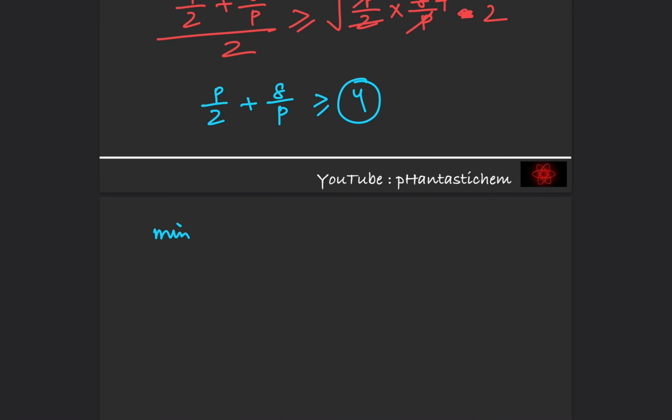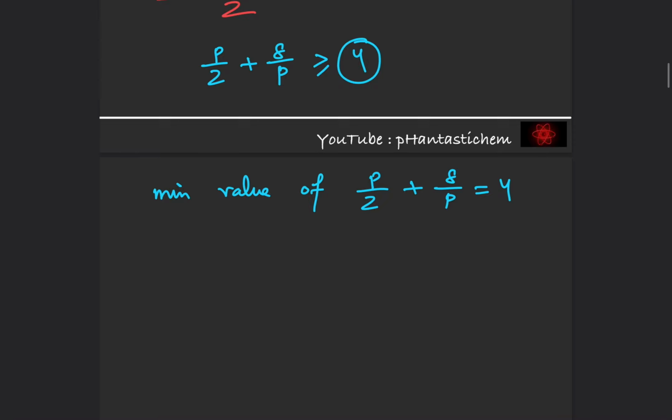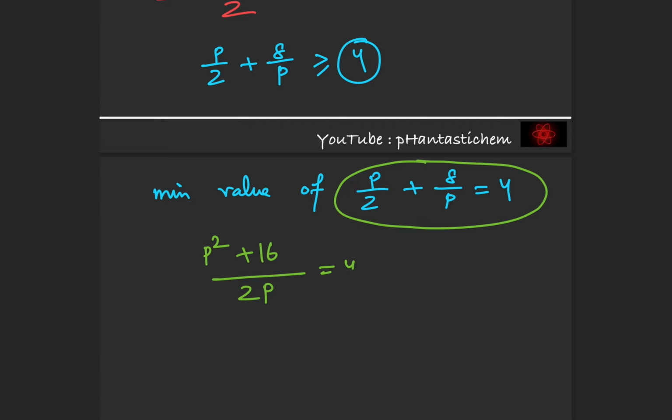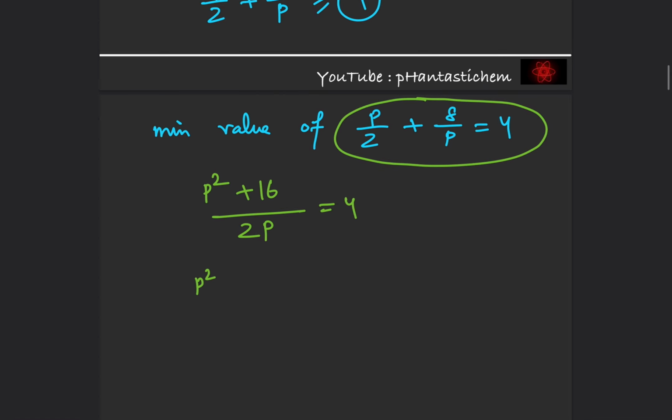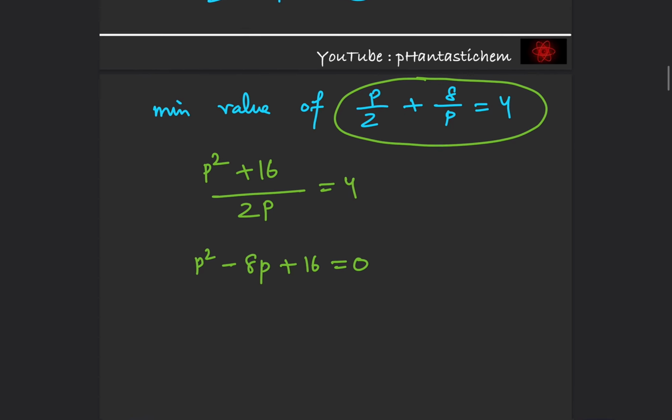Okay, so the minimum value of P by 2 plus 8 by P is equal to 4, and that happens when this is equal to 4. So let's take LCM. P square plus 16 by 2P is equal to 4, and so P square minus 8P plus 16 is equal to 0.